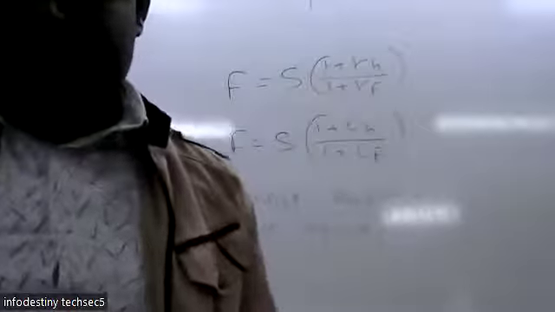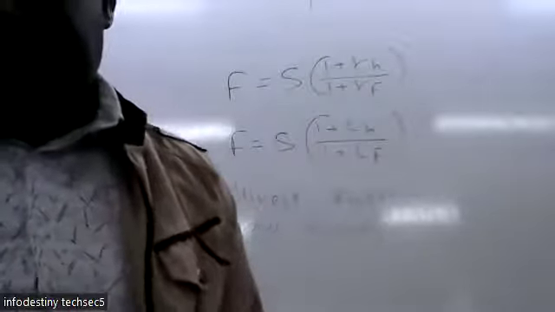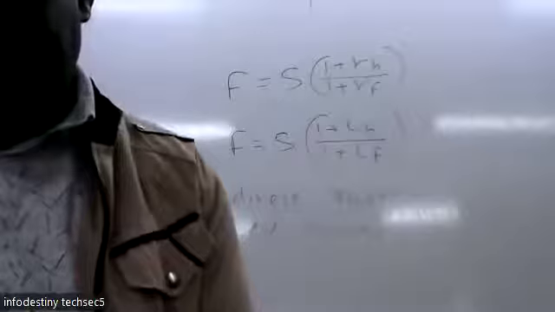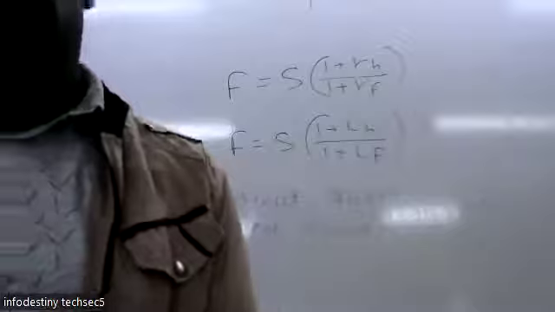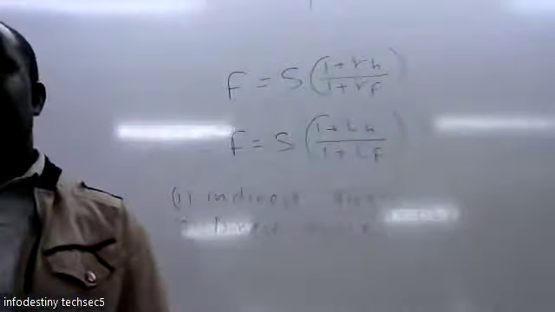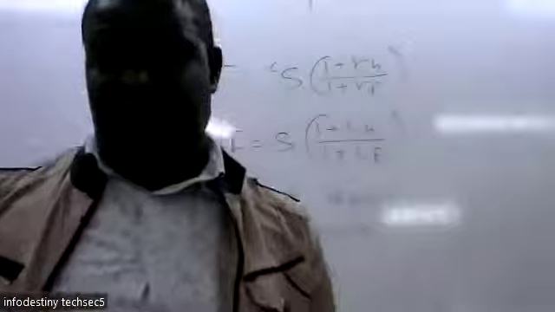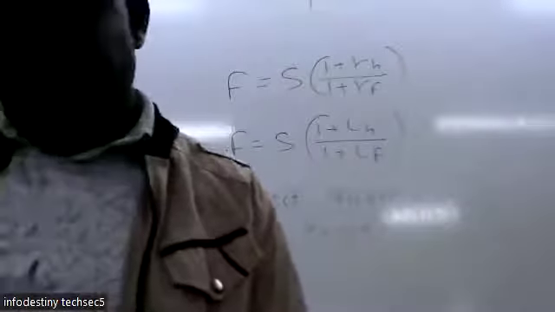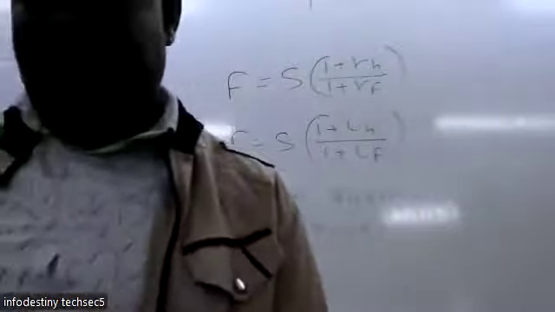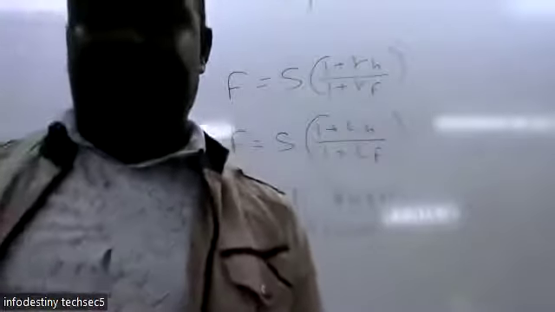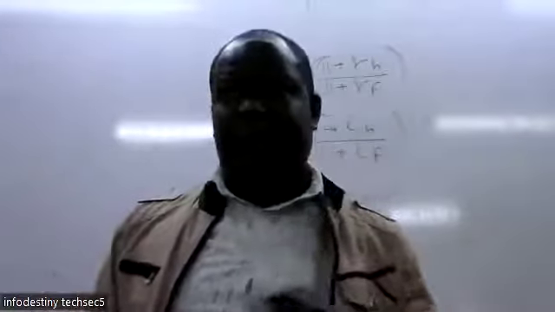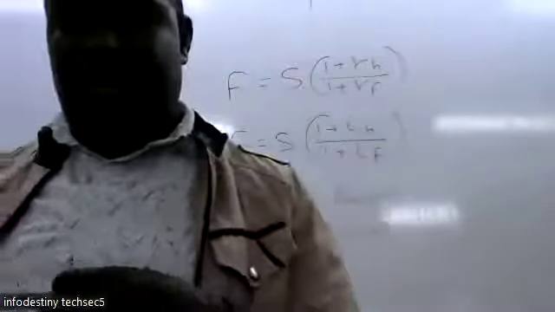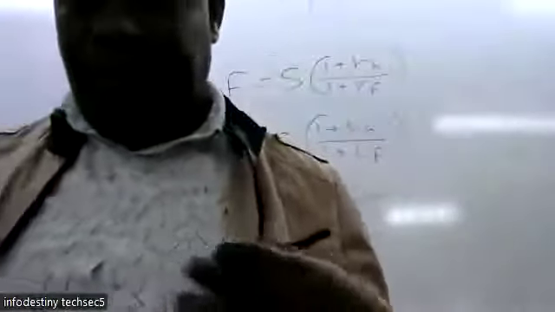So for the direct quote, we comment that in this case, the foreign currency is held constant as one, and variation is done in the domestic currency.